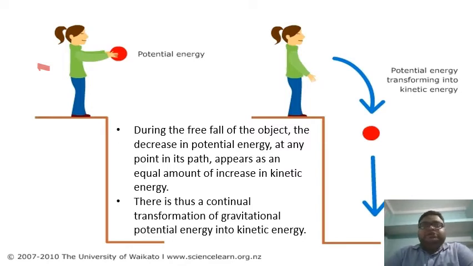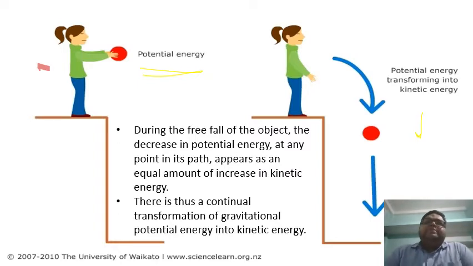Understood students? To sum it up in a very quick way, when the ball was at this height, it had only potential energy. But when this ball was moving down, the potential energy started to decrease, and it got kinetic energy in return. So the kinetic energy started to increase and potential energy started to decrease.